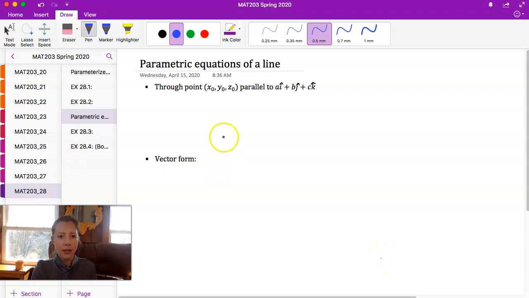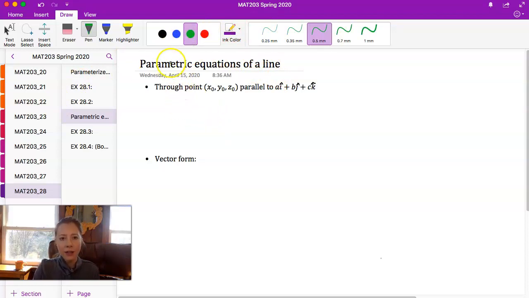Now let's look at the parametric equations of a line. Okay, let's move beyond the circle and look at a line. If we're going through some point x naught, y naught, z naught, parallel to some a i hat plus b j hat plus c k hat, here's what you would have for the parametric equations.